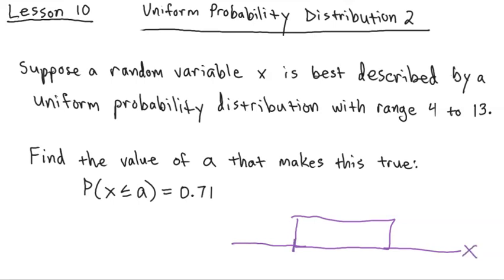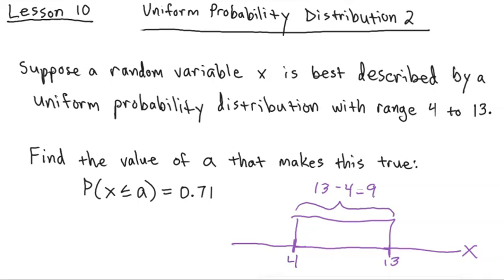We know that the lower end on the x-axis is 4 and the upper end is 13. That creates a range of 13 minus 4, which is 9.